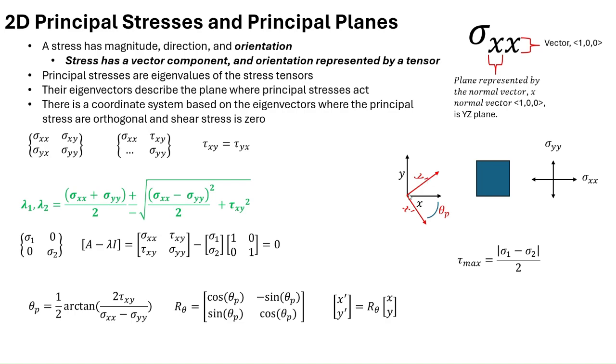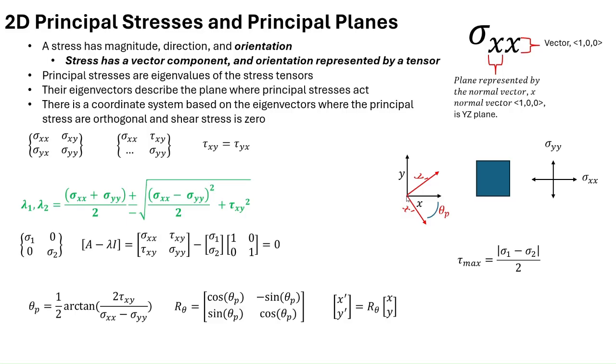To determine the angle theta that you need to rotate the base coordinate system to align with the principal stresses, you can actually calculate that. I've shown it here: theta p is 1/2 the arctan of 2 times the shear stress divided by the difference of the normal x stress and the normal y stress.